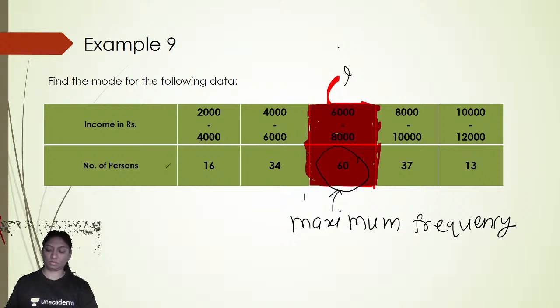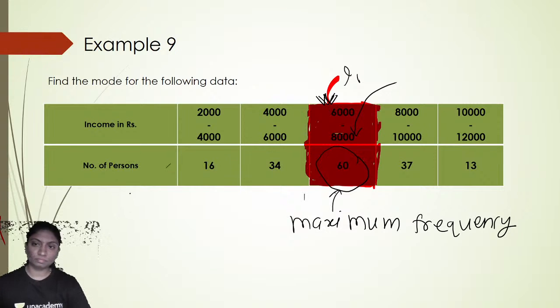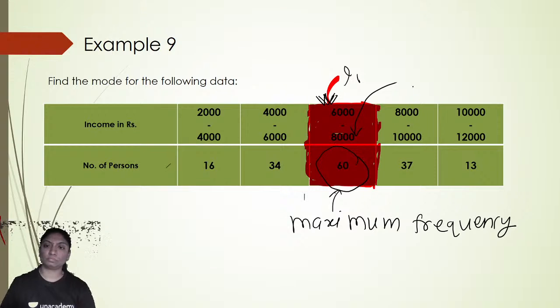Our L1, L2 this. Okay. Then F1 is the frequency of the modal class.